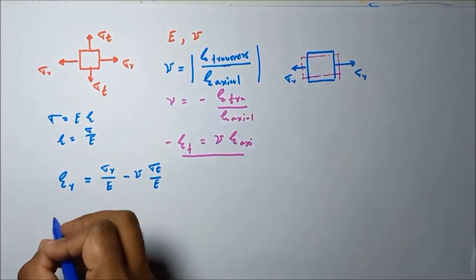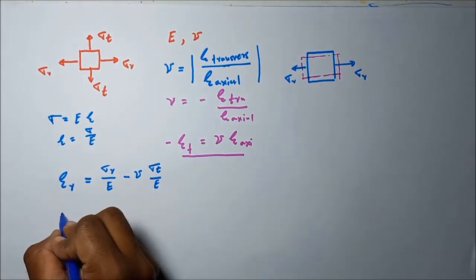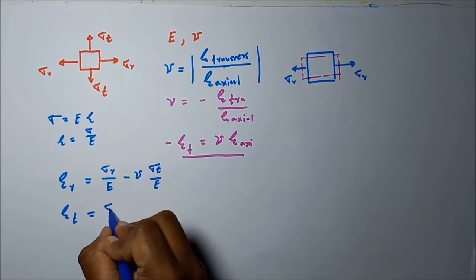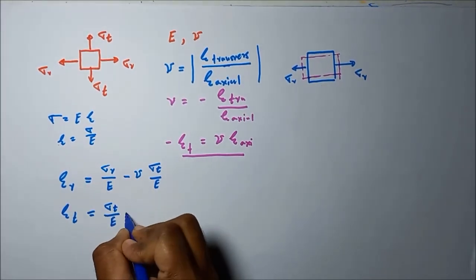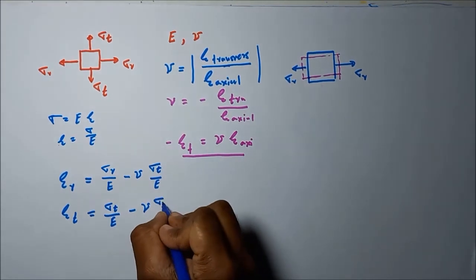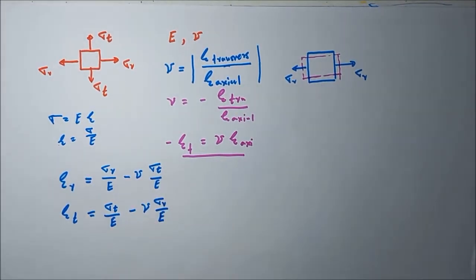In the same way we can write the strain in the tangential direction: epsilon t is equal to sigma t divided by E minus nu sigma r divided by E.